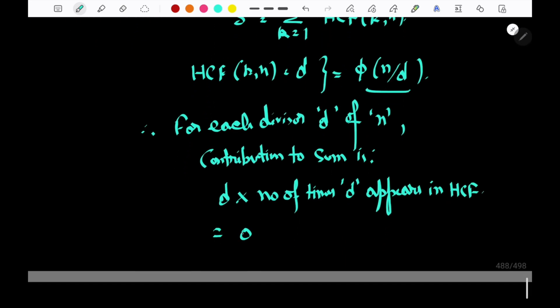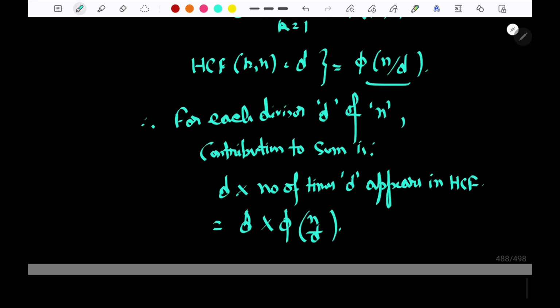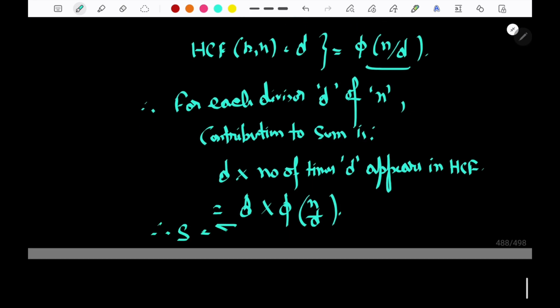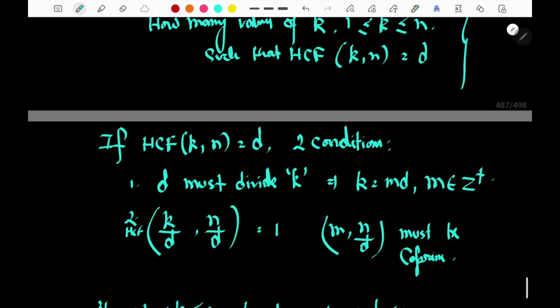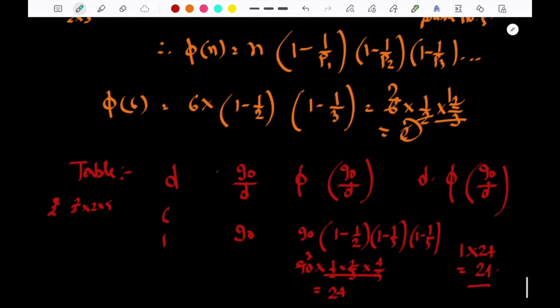So this is equal to d into phi of n by d. So that's why, if we do total, S will be equal to summation of d into phi of n by d. Now please do remember, you are not required to prove it unless you go for advanced RMO problems. You are not required to prove it, just find the value.